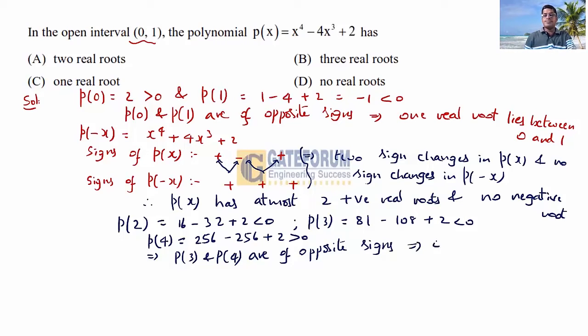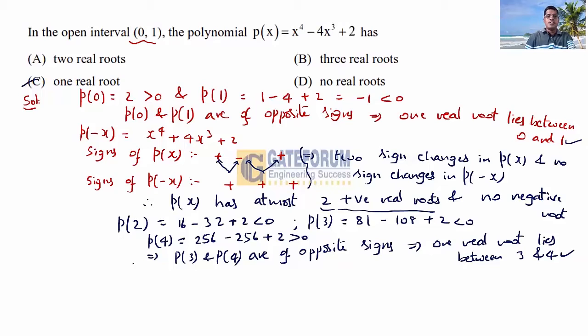Implies one real root lies between 3 and 4. So from the last statement, this one and at most two positive roots, what is the conclusion?